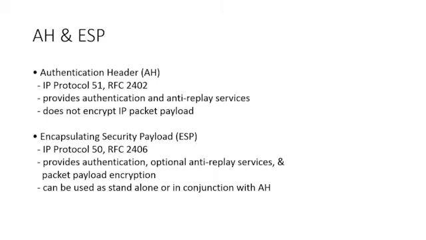Now, ESP can be used standalone, or we could use it in conjunction with our authentication header as well. So it's going to depend on your needs, right? There's no one better way than the other because you may be employing some other technologies in there as well. So I can't tell you which one you have to use or anything like that, but it depends on your organization. What we need to know is what these two things do.